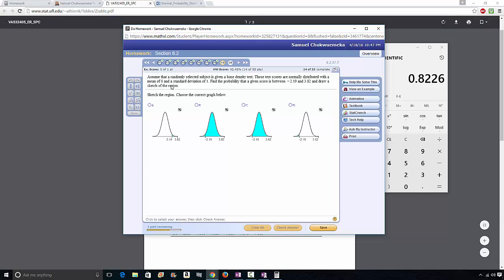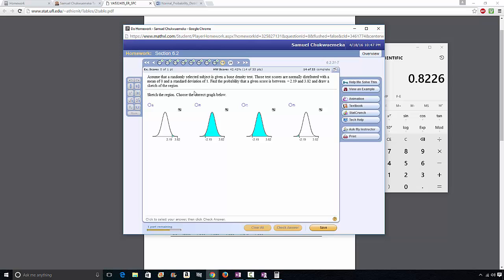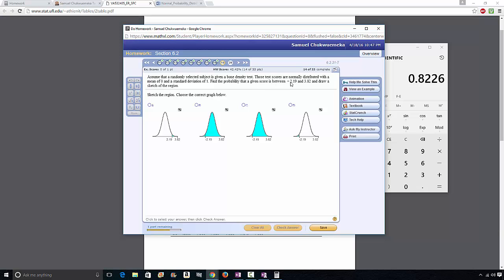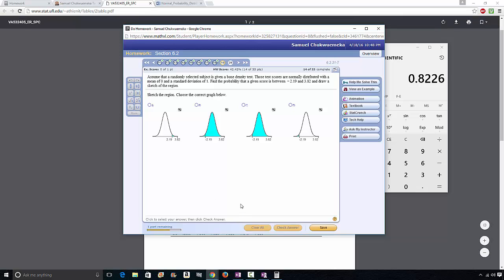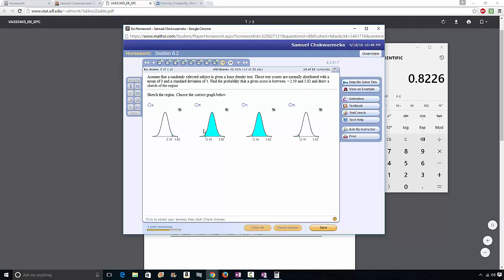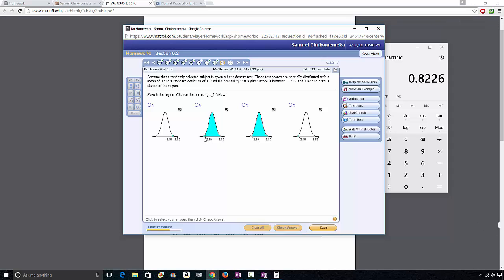The mean is 0 and the standard deviation is 1, so we are good. Find the probability that the score is between negative 2.19 and 3.82. Here it is between 2.19 and 3.82, but we are looking for between negative 2.19 and 3.82.